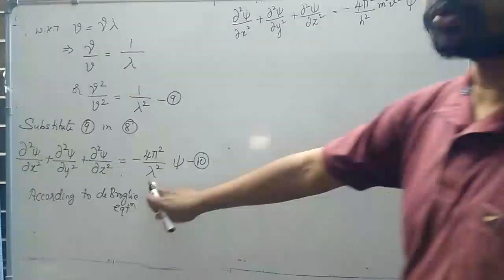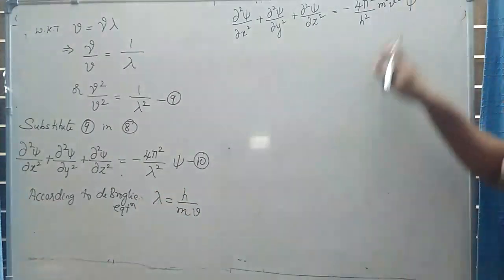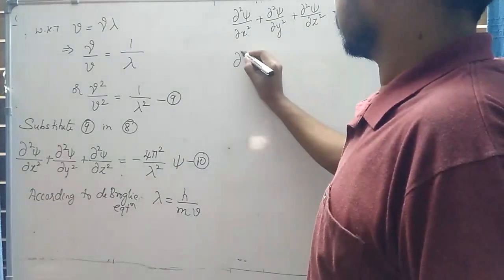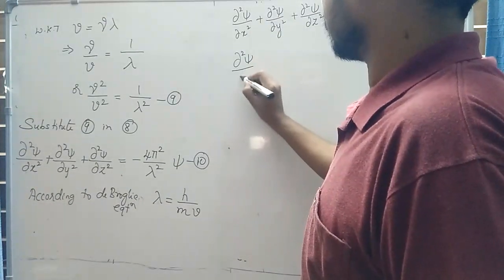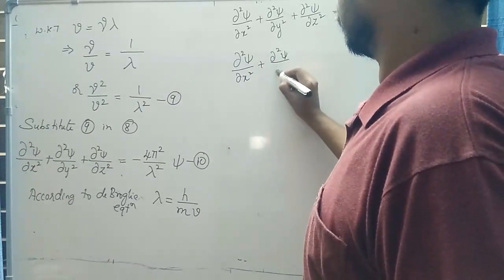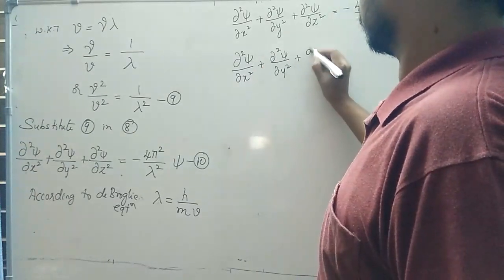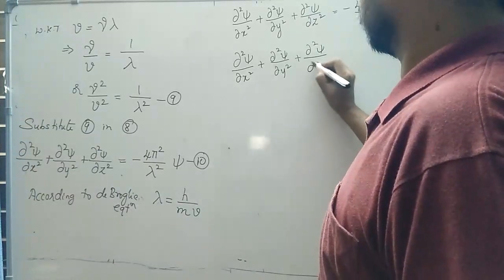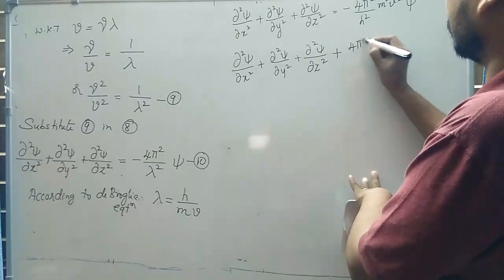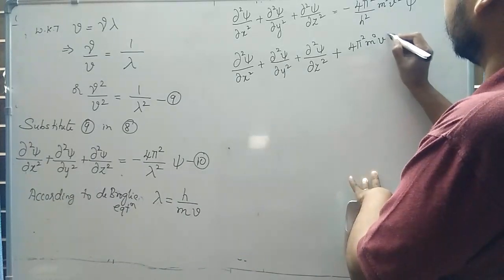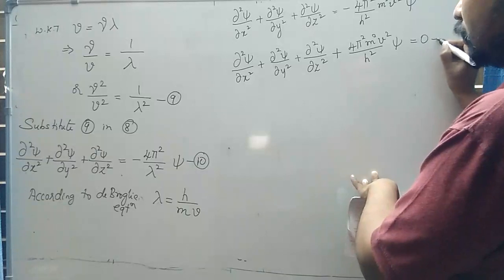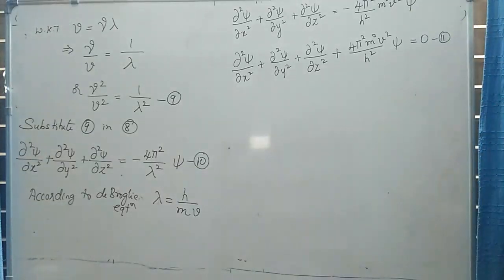If I substitute in the denominator lambda is equal to h by mv, I get this term. So if I take everything to the LHS, it becomes dou square psi by dou x square plus dou square psi by dou y square plus dou square psi by dou z square plus 4 pi square m square v square divided by h square into psi is equal to 0.